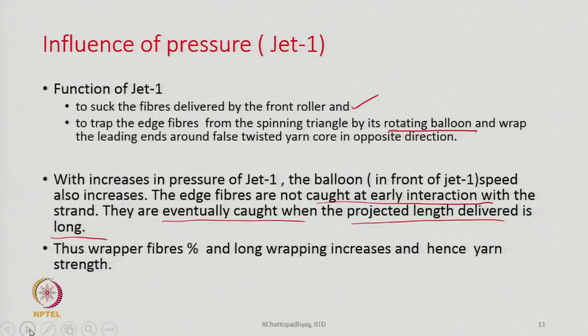Thus, the wrapper fiber percentage and long wrapping increase, and hence yarn strength is going to increase as we go for higher pressure for jet 1. We can roughly say that with an increase in pressure, that means more speed of the vortex, so more speed of the balloon.